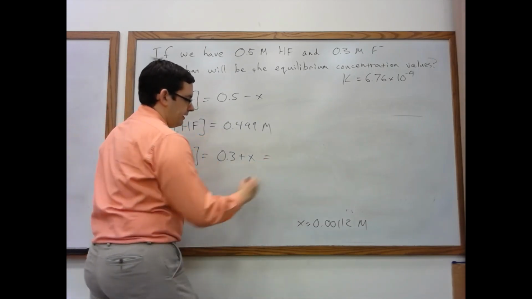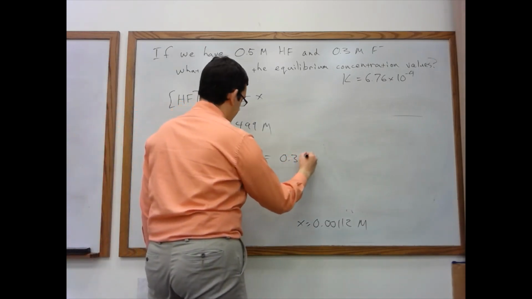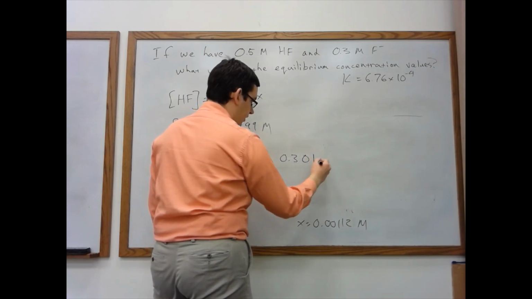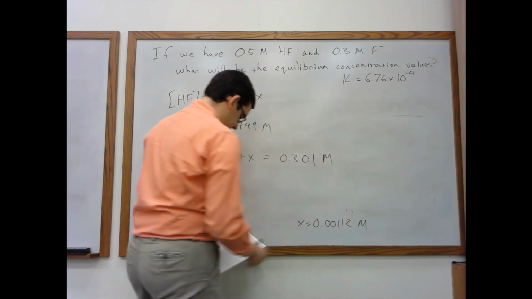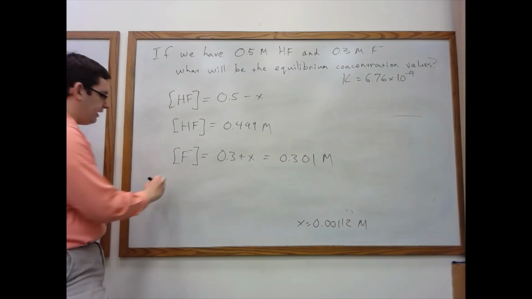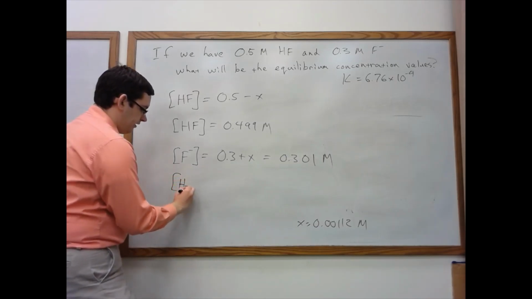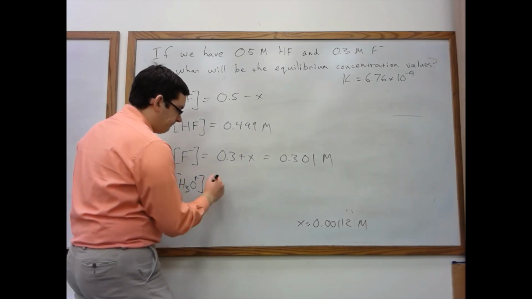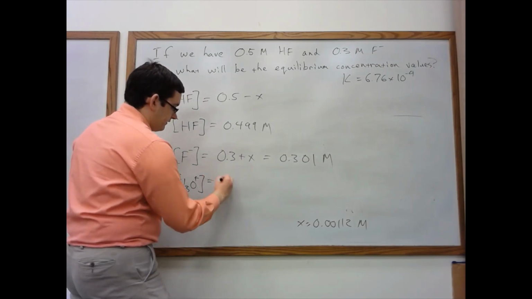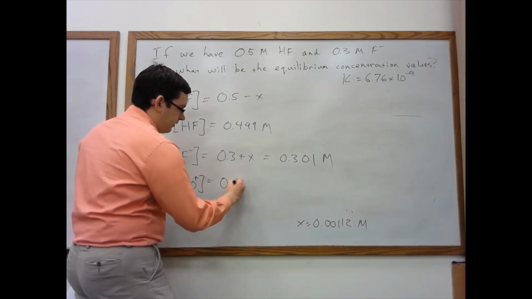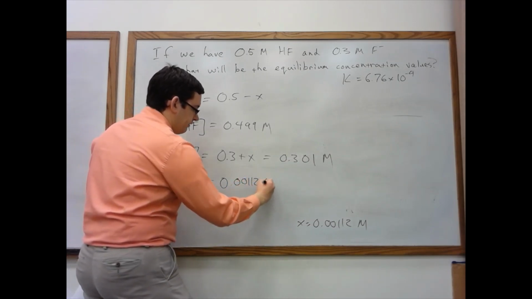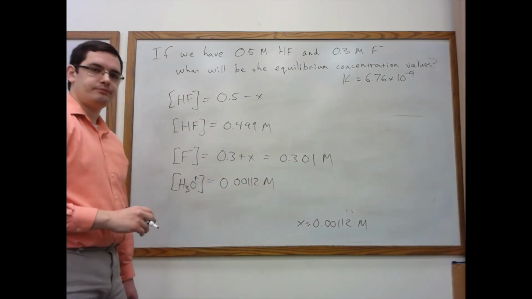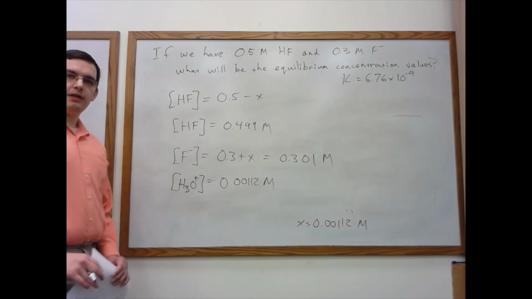This will come out to 0.301 molar. And then finally our hydronium ion concentration is just equal to the value of x, or 0.00112 molar. So here we have our final equilibrium values.